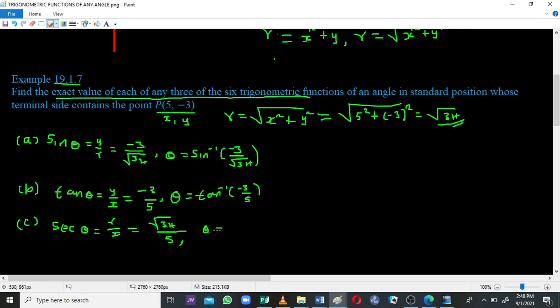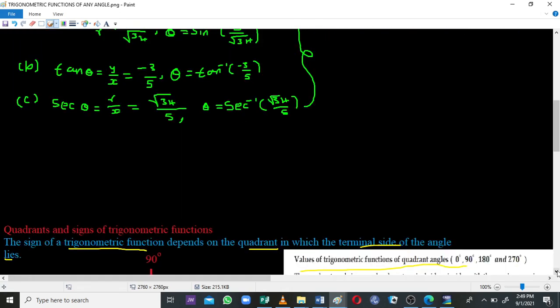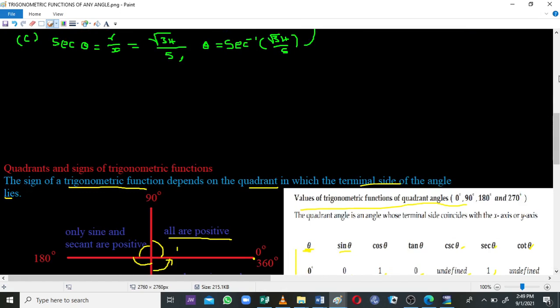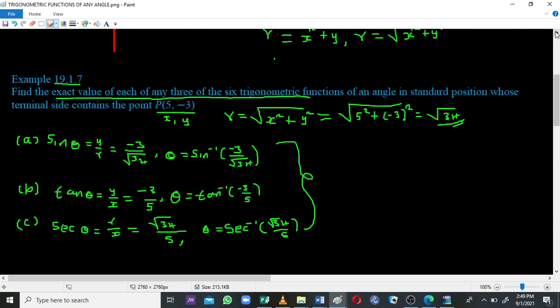Theta is equal to sec inverse of the square root of 34 over 5. Okay, so we have that. For now we can just end here.